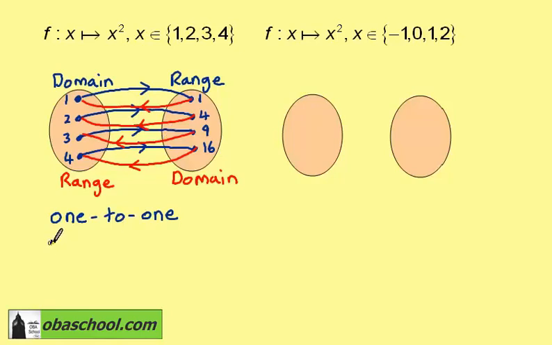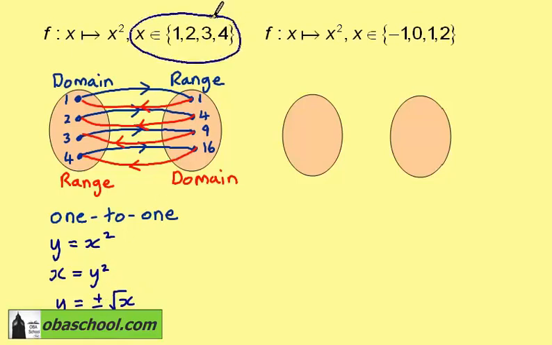We can now go ahead and find the inverse function. So y is x squared. Interchanging x and y, and then solving to make y the subject of the formula. We need to decide whether we want the plus or the minus, but the domain of the original function consists of positive numbers, so we must want the plus.